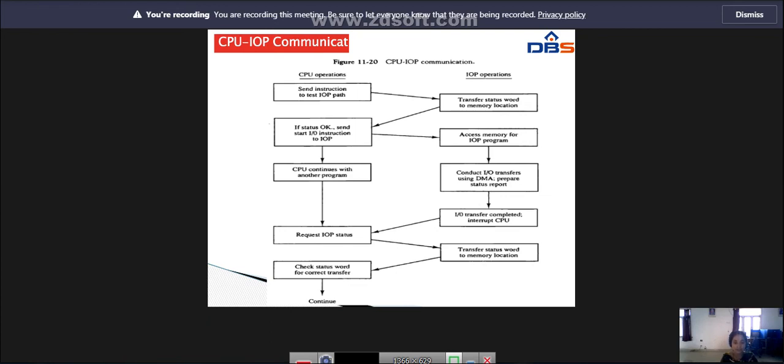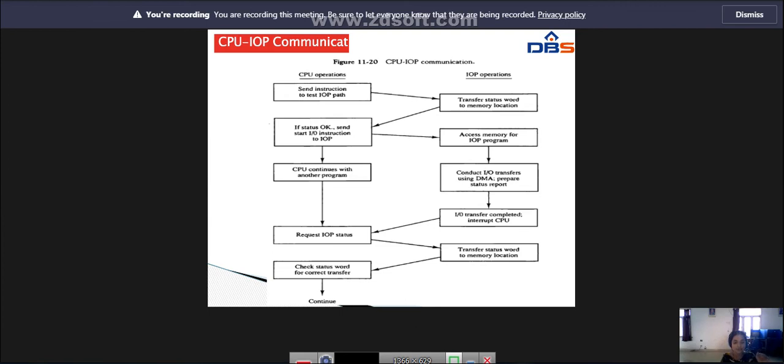The CPU refers to the status word in memory to decide what to do next. If all is in order, the CPU again sends an instruction to start the input output transfer.